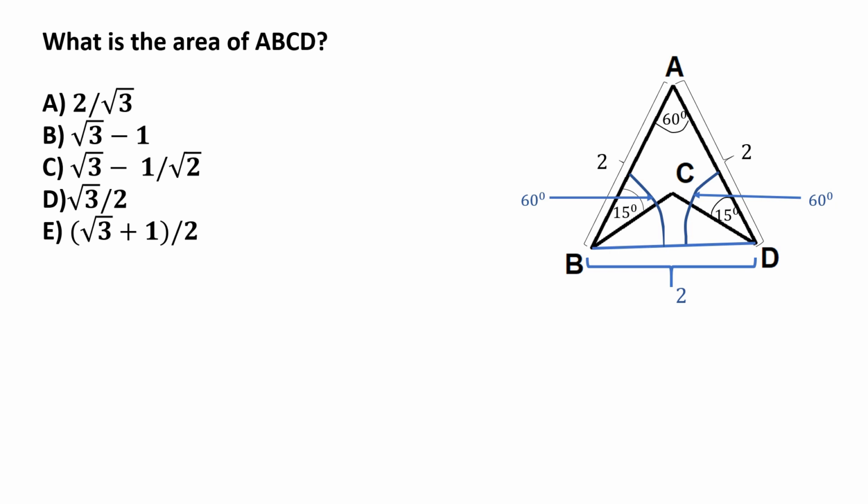Next, focus our attention on the smaller triangle, namely triangle BCD. We have found that angle ABD, the angle marked in blue, is 60 degrees. Then we are given the smaller angle, angle ABC, that's 15 degrees. And that's pretty much true on either side of this triangle, right? So what does that make this angle marked in green, angle CBD, and on the other side, angle CDB?